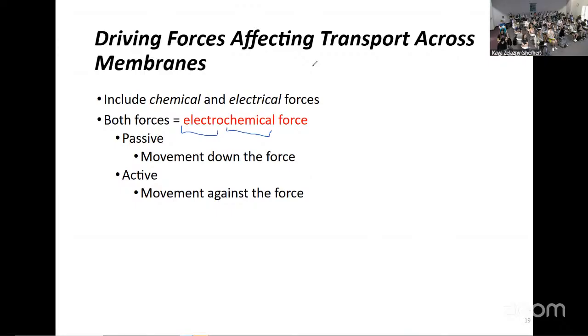But if we have an electrochemical force that's pointing the other way, so whether that's for chemical reasons, right, so our concentrations, or the electrical reasons, those charges or both, if we have these forces adding up in such a way that they're pointing like into the cell, but we're trying to get an ion out of the cell, we're going to have to resist this electrochemical force. So we're going to have to do active transport. We're going to have to find energy and use it somehow. So that's why we're talking about our driving forces before we go through the different types of transport.